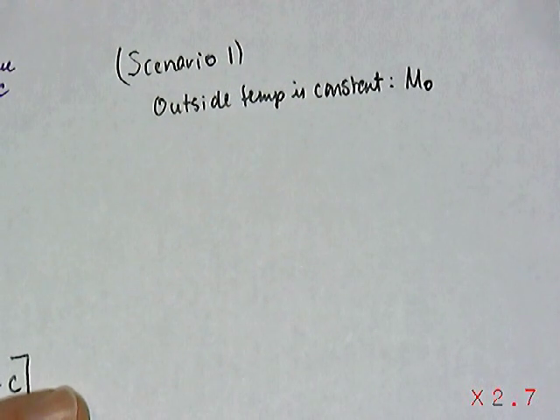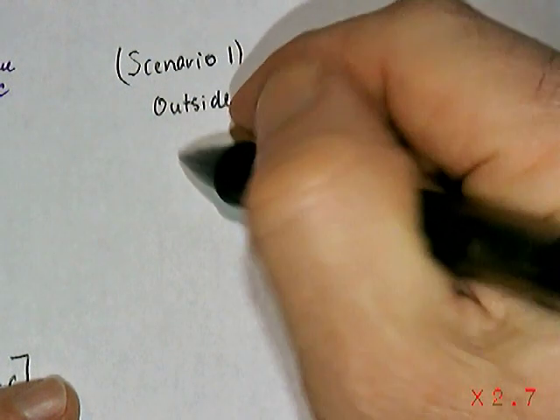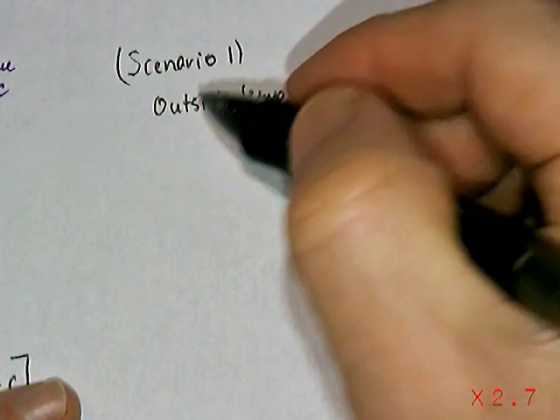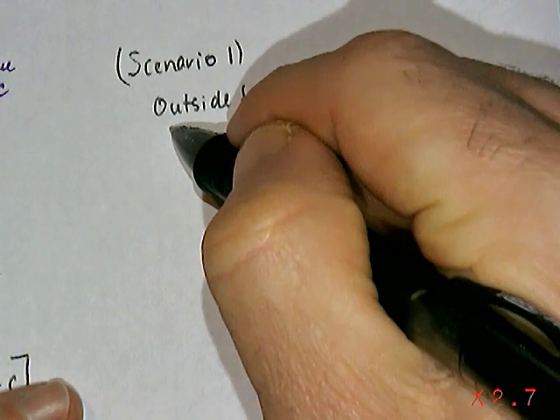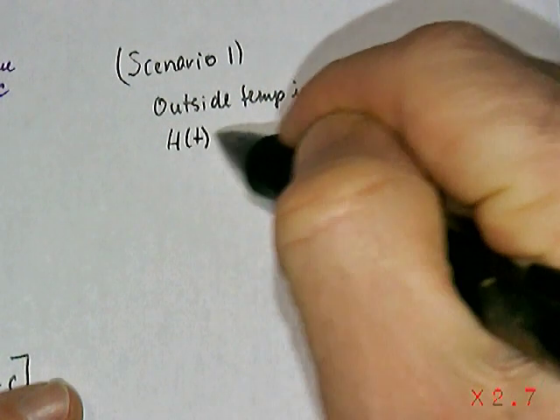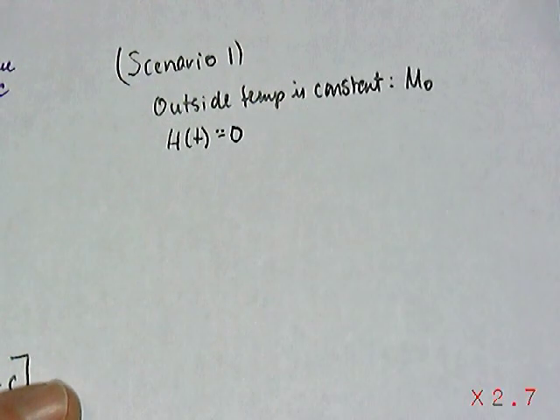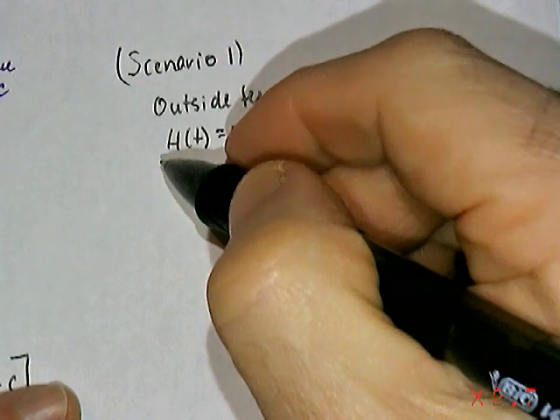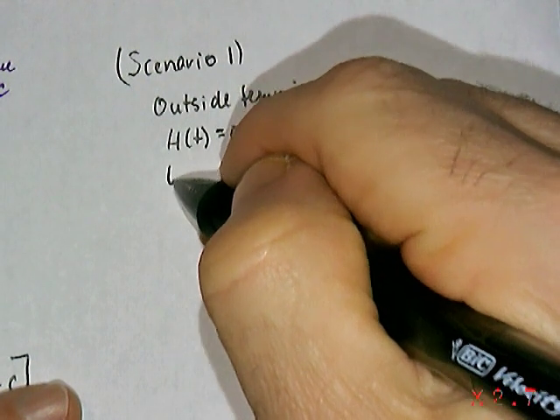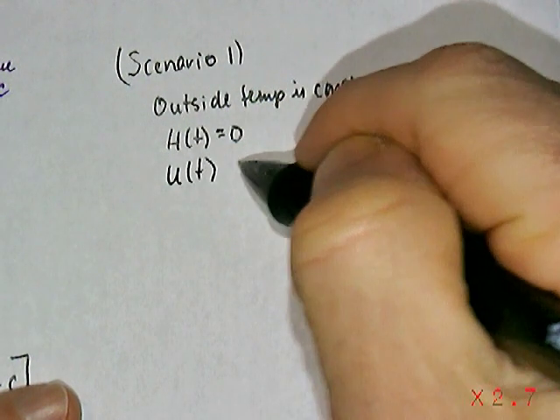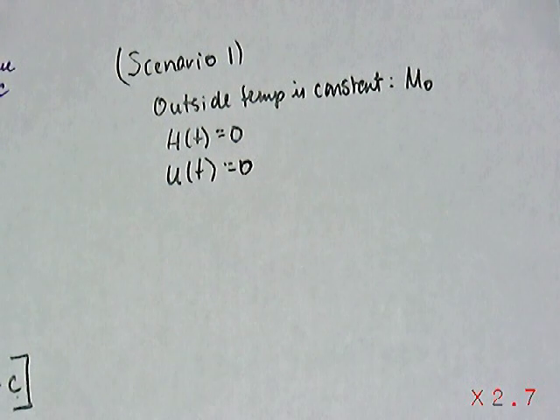And another consideration for this particular problem, we'll assume that the h of t term, heat due to people, lights, machinery, is non-existent, so we'll assume that h of t is identically 0. And we'll also assume that we have no air conditioning or furnace involved, and so that term will be 0.